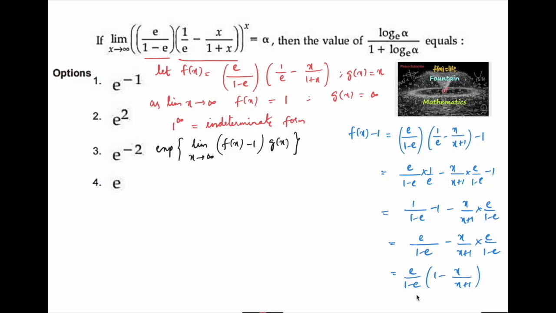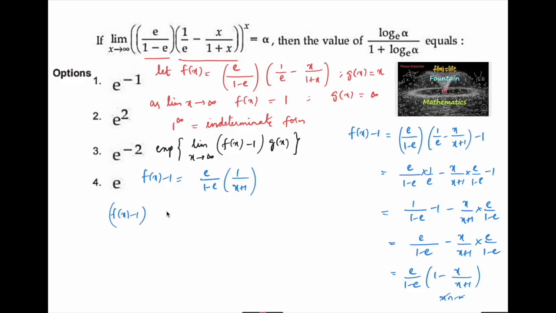So f of x minus 1 is equal to e upon 1 minus e, and here we can write x plus 1 minus x, that is 1 upon x plus 1.